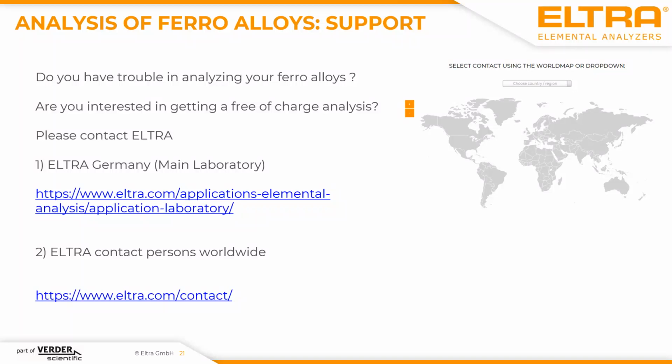When you already have an ELTRA analyzer and are not sure if you get a correct result, of course it's also possible to send us some samples. Then we can also make a reference analysis and support you with additional information. And in fact, that's it for carbon and sulfur analysis. We will start in the next slides on oxygen and nitrogen analysis.